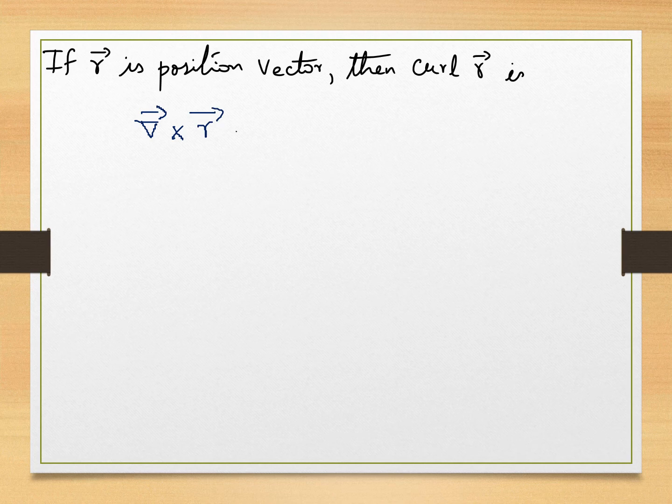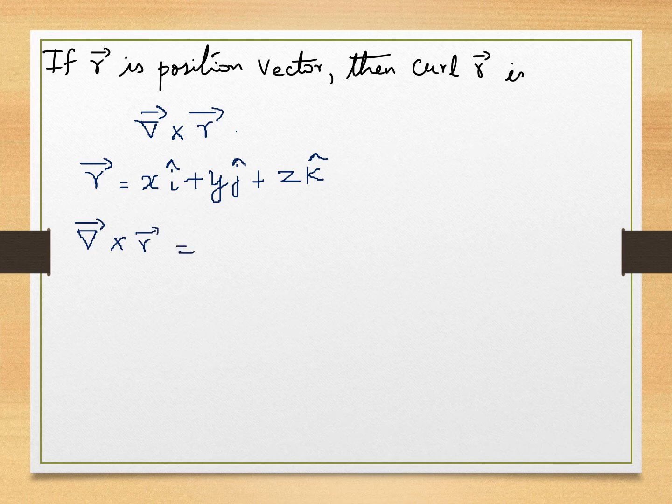So as R is a position vector, that means R is equal to x i cap plus y j cap plus z k cap. That is the position vector formula in 3 coordinates.